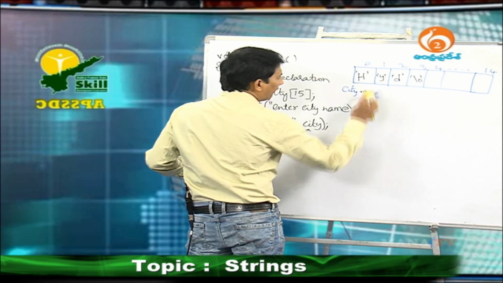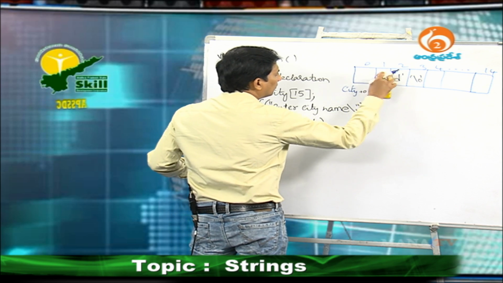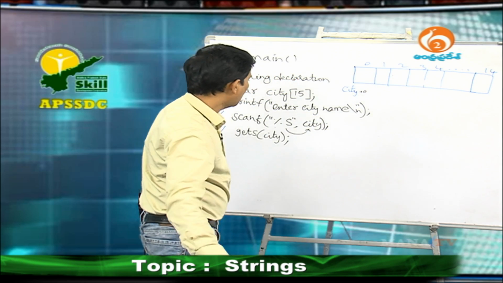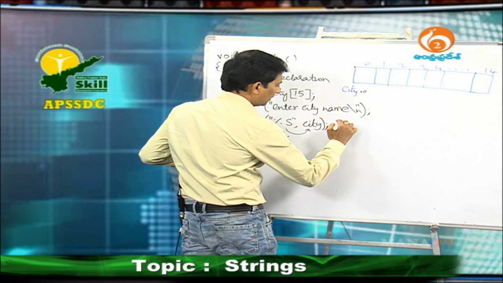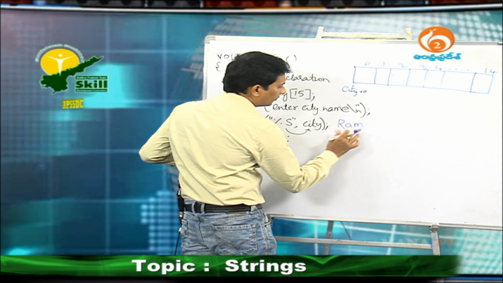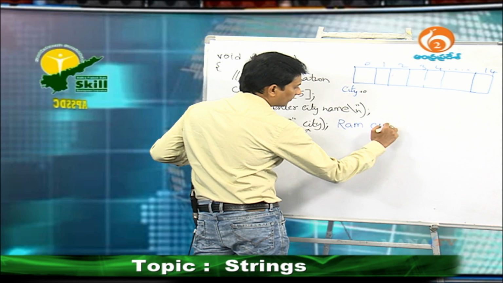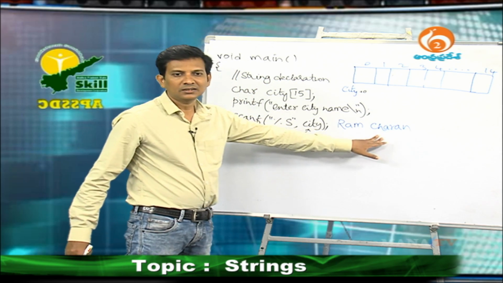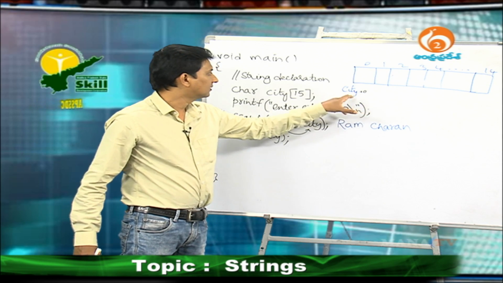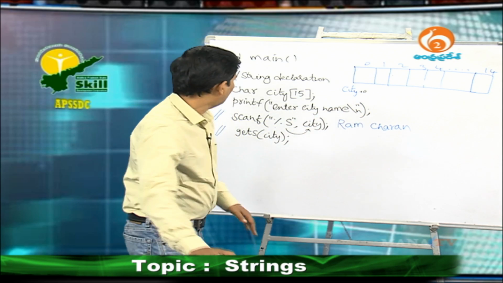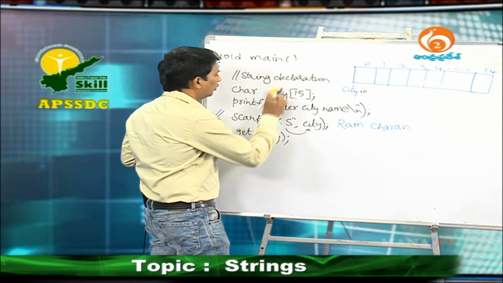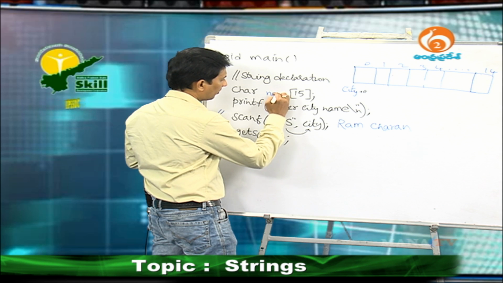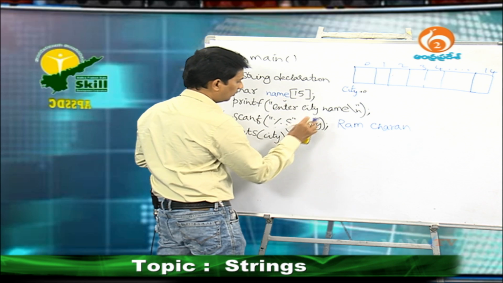Instead of HYD, I want to store Ram Charan, Ram space Charan, in the name instead of city. Here also I am modifying this.